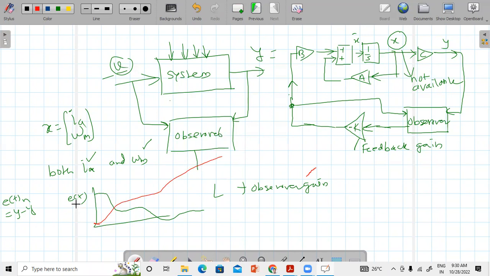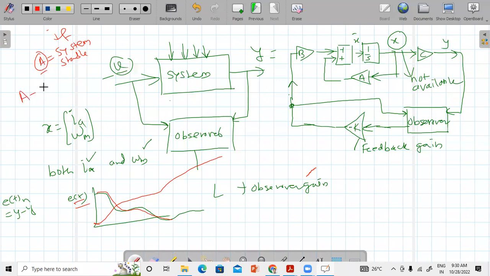Anyway this is going to be 0 for a stable system. If A is stable, anyway it is going to be 0. But if A is not stable, then it will go on increasing, and for that we need to make this stable.